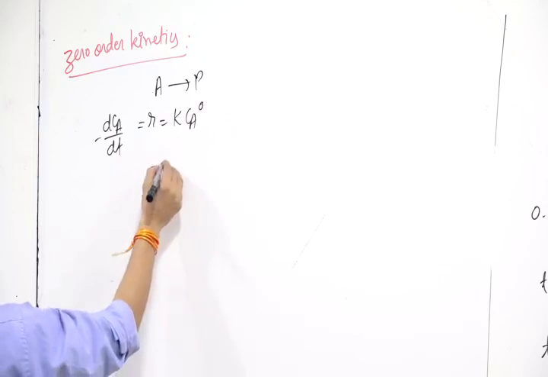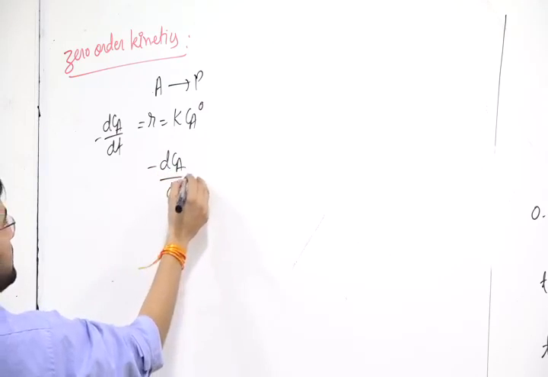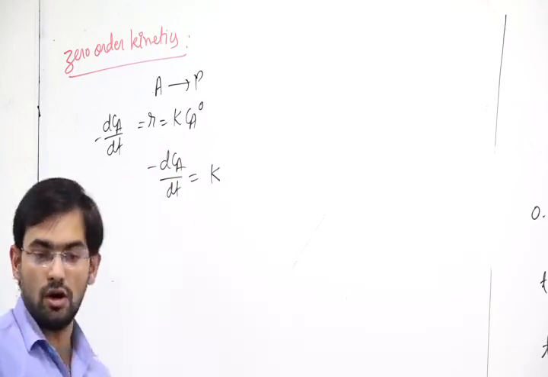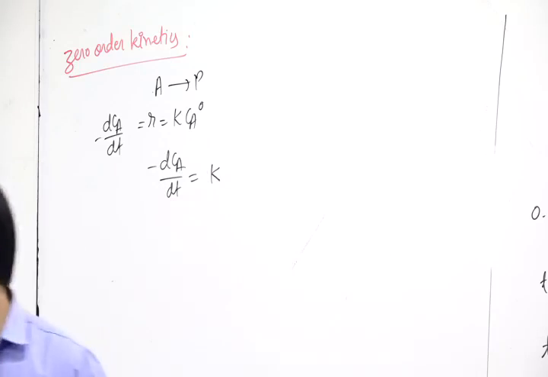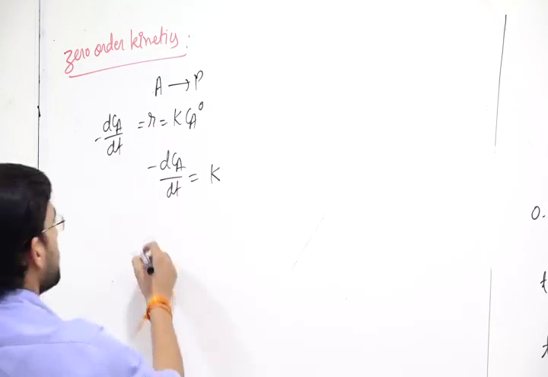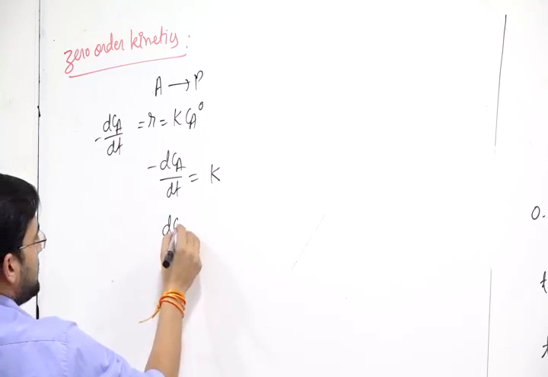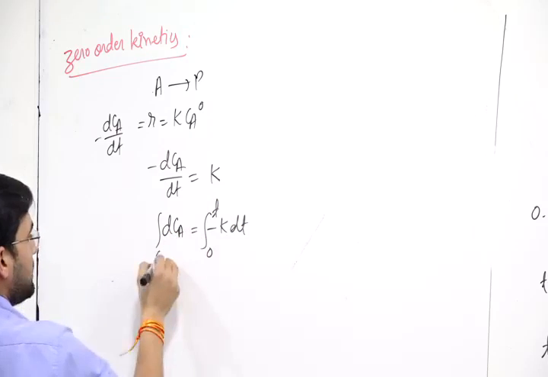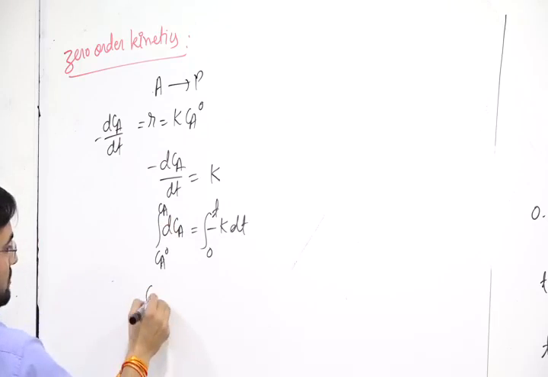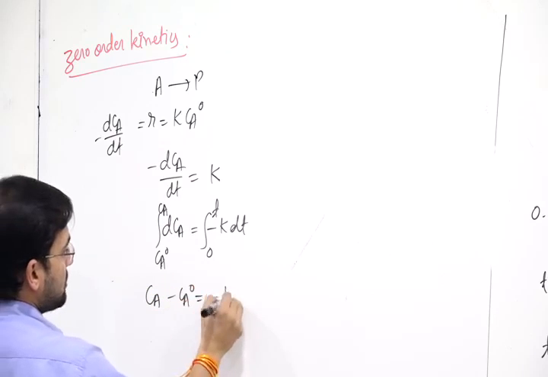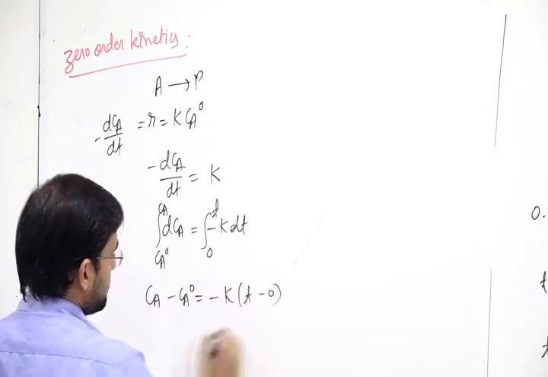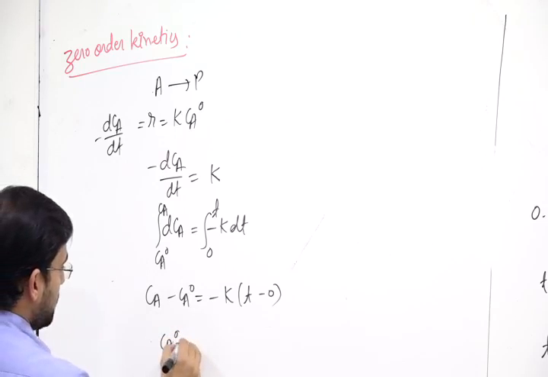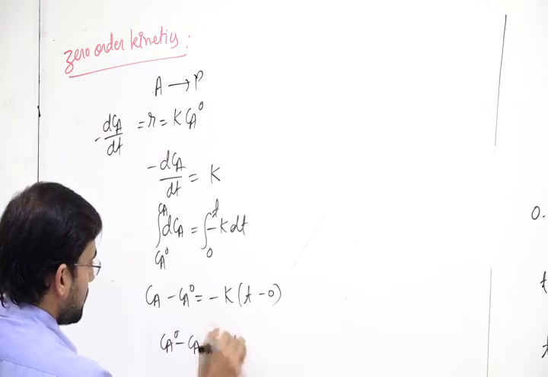So minus dCa by dt equals K, because any power 0 is equal to 1. So we get K only. Then dCa equals minus K dt, integrating from 0 to t and Ca naught to Ca. So Ca minus Ca naught equals minus Kt minus 0, or I can write Ca naught minus Ca equals Kt.